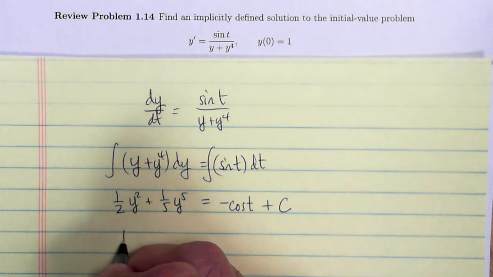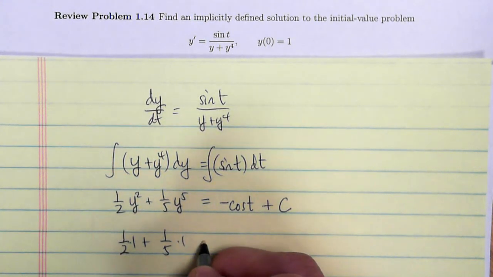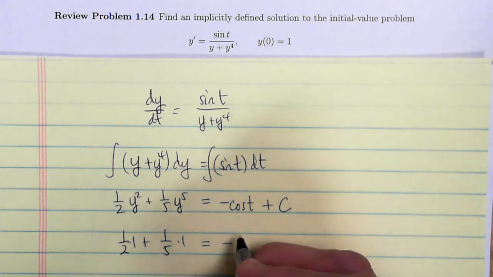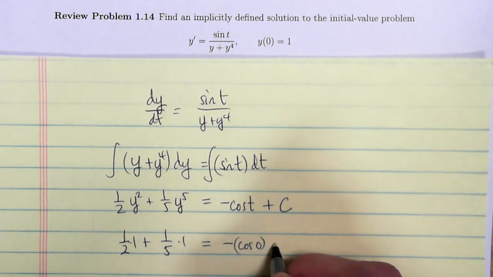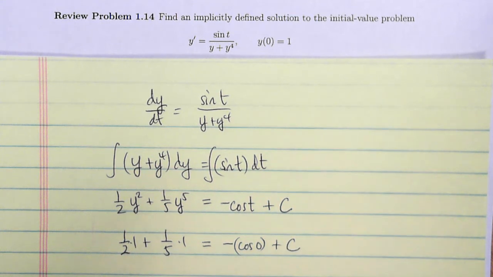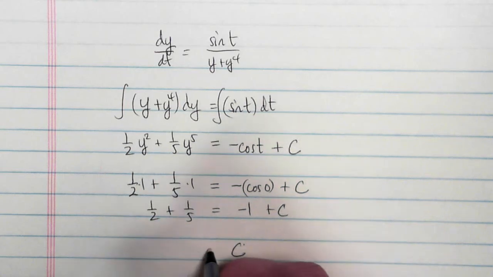So we know that 1/2 plus a fifth times 1 is equal to negative cosine of 0, which is 1, plus c. And so we get 1/2 plus 1/5 is equal to negative 1 plus c. So that c is equal to 17/10.